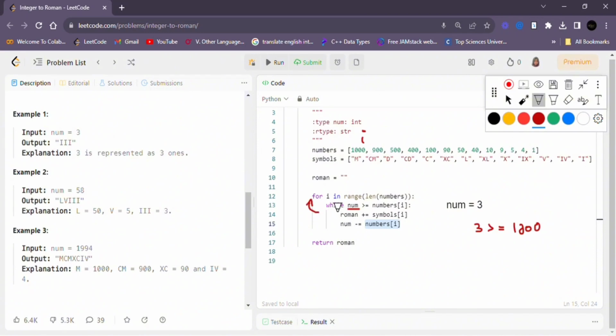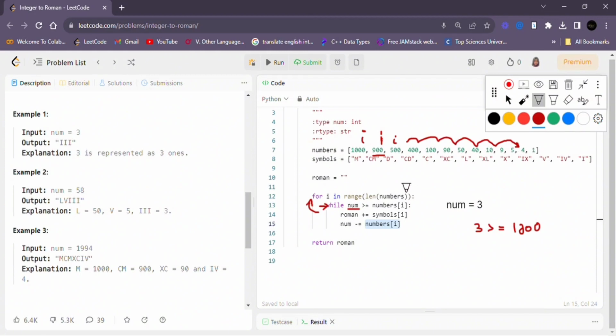Again our for loop iterates, i will be updated, and it will check the same for 900. Our loop will run until the while condition is satisfied. So it will jump to the next indexes, and at this index it will pick 4.